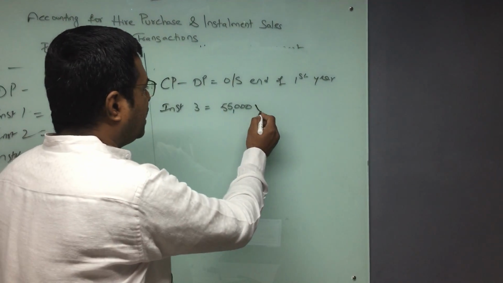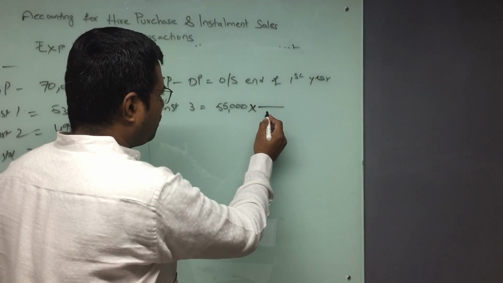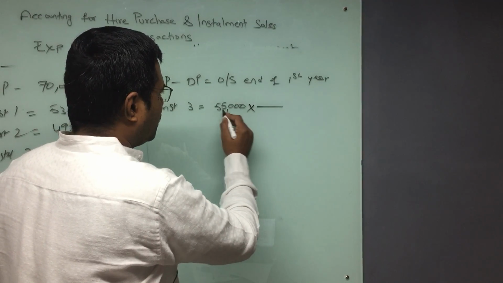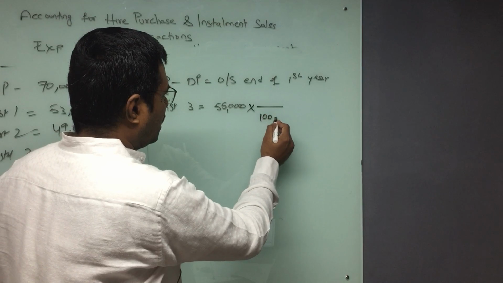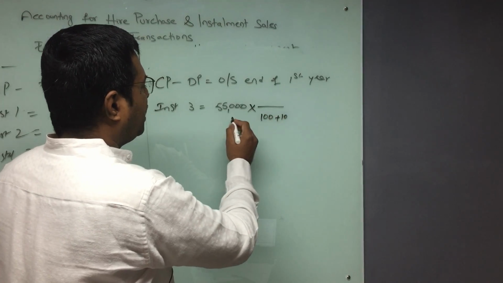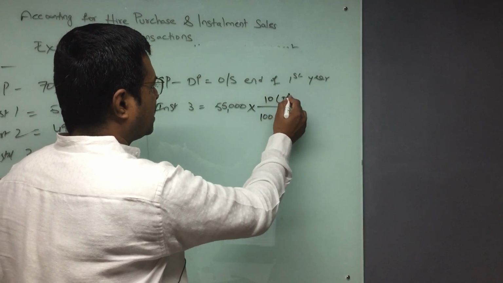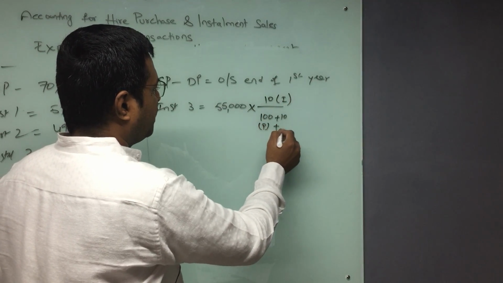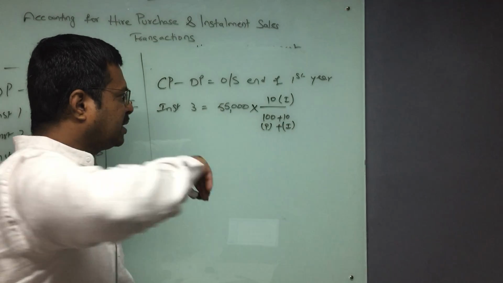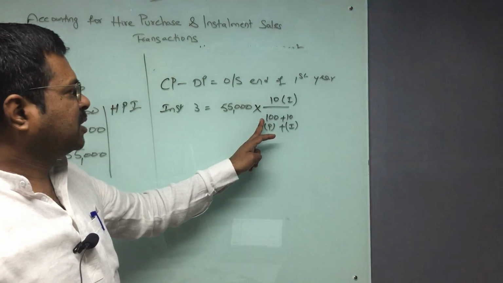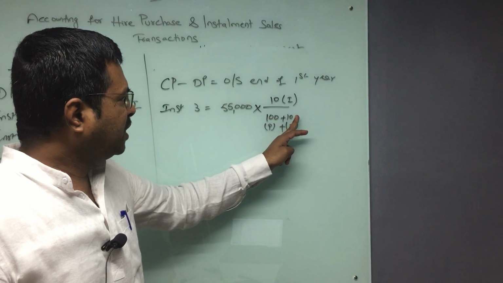So my interest is 10%. Okay. So this amount is principal plus interest, and what I want to identify is interest. Okay. This is P plus this is interest. You understand? In this installment, there is 100 rupees of cash price plus 10 rupees of interest.